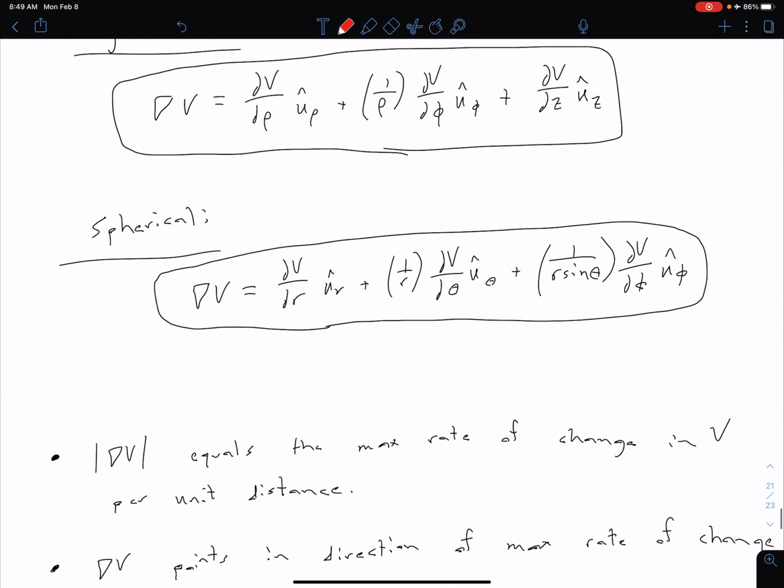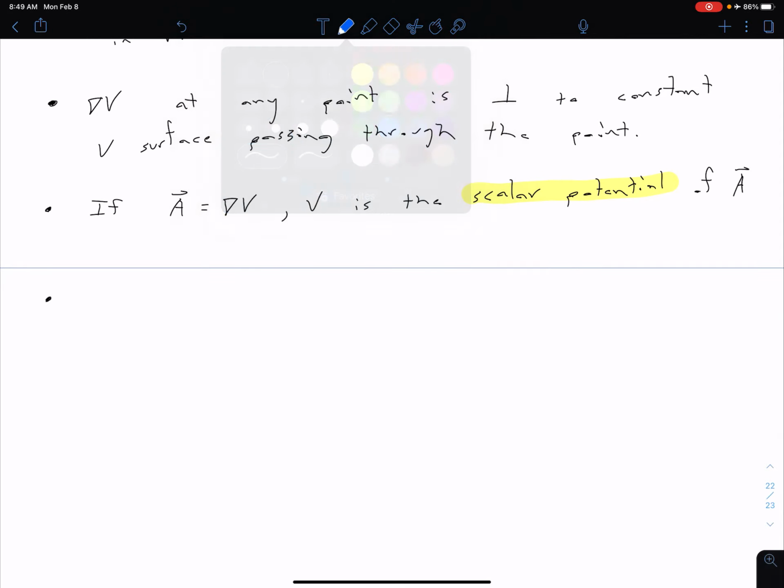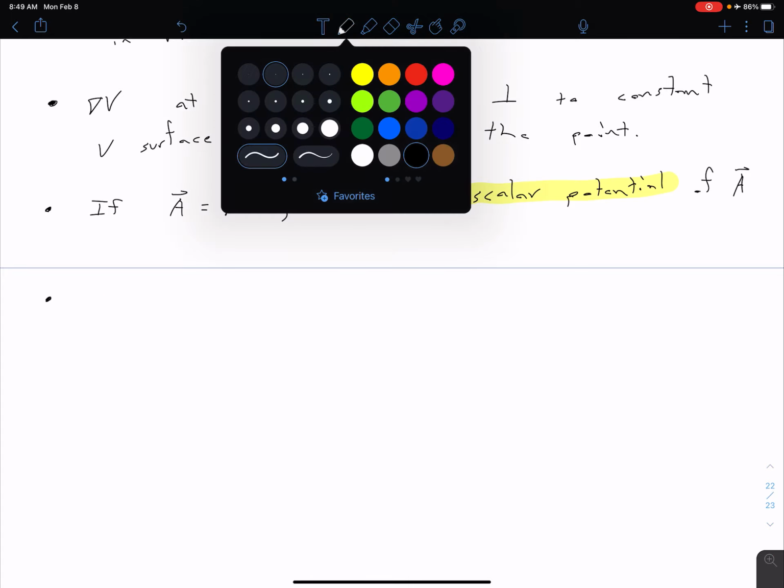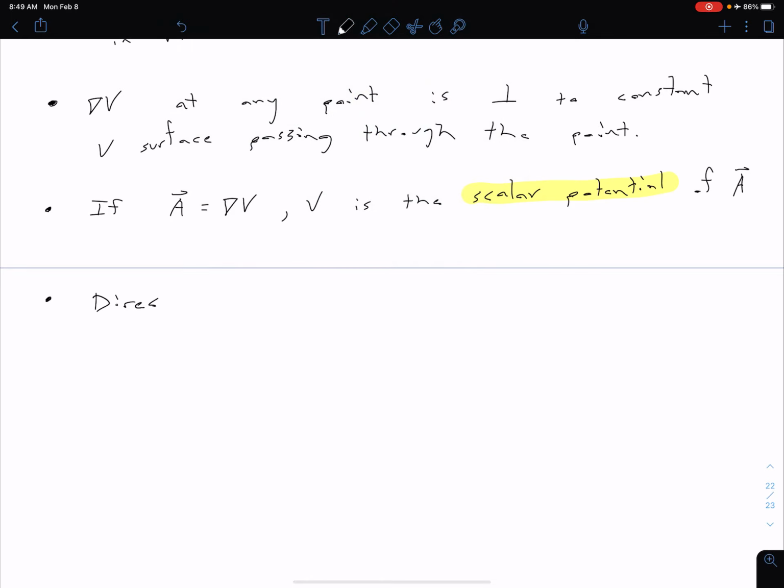So we can define what's called a directional derivative of v along our unit vector u sub A, and we define that as del v dot our unit vector u sub A. And again, that unit vector is our direction of interest.